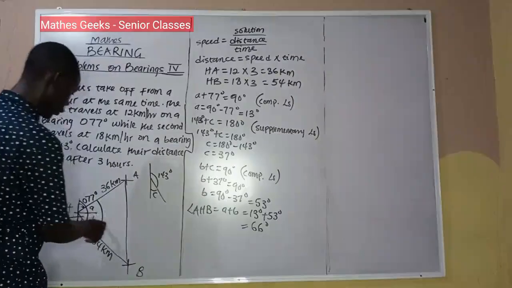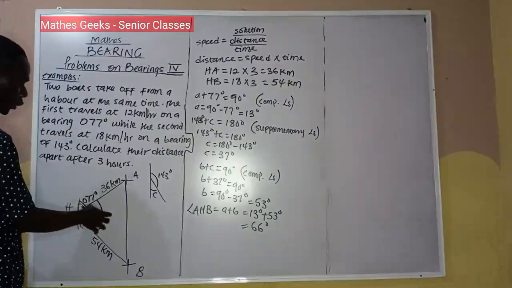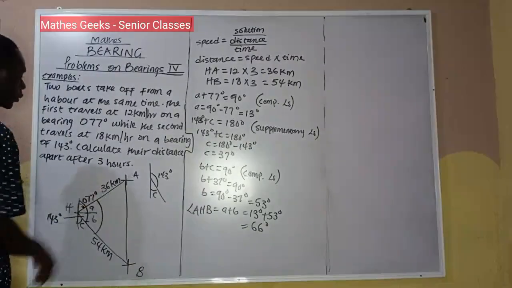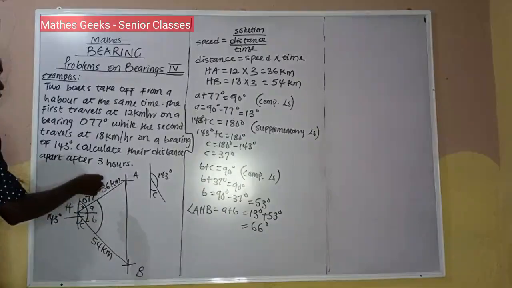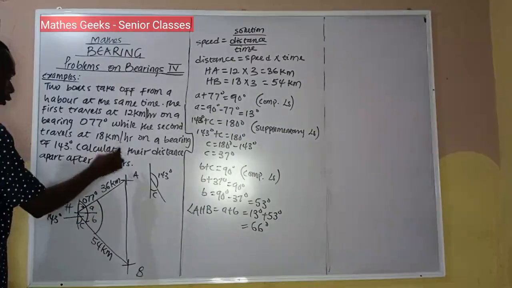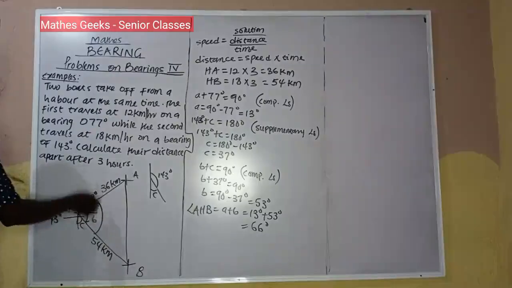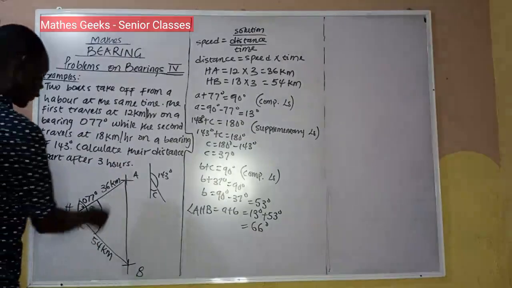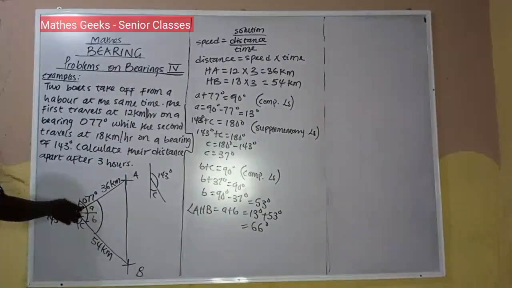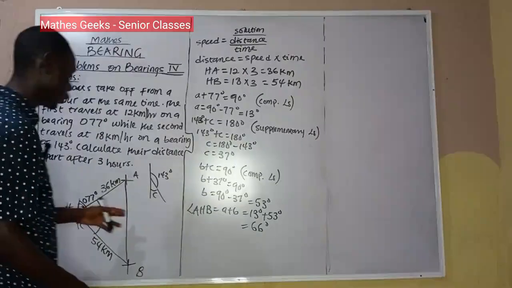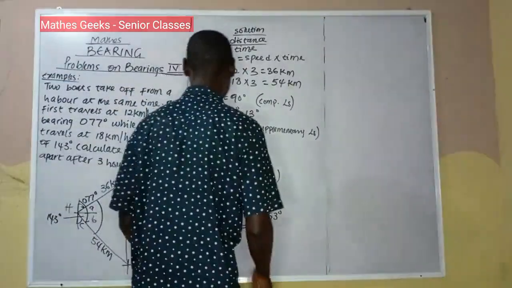So what we have now is an included angle and two given sides. We have to look for the distance apart of the two boats after 3 hours that they've left the harbor. The distance apart is AB.